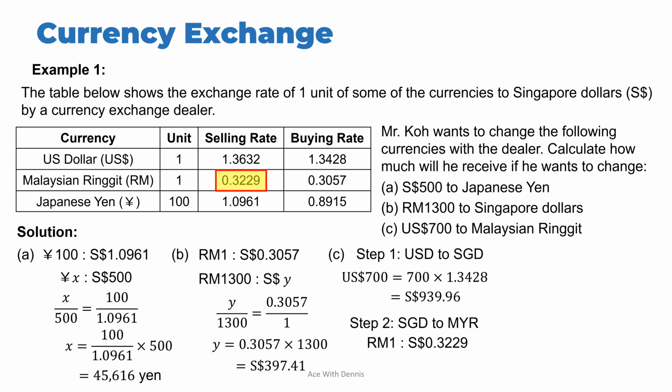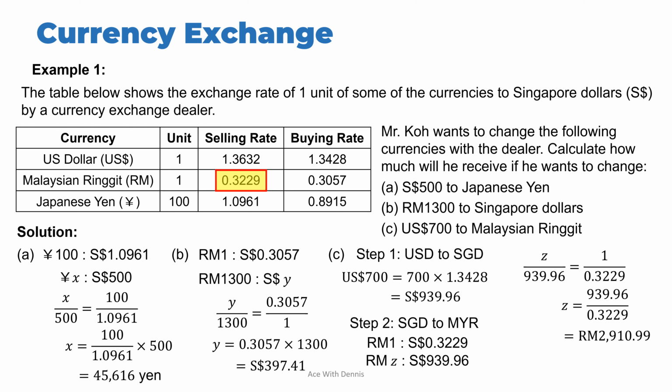So the rate is 1 ringgit is to 0.3229 Singapore dollars. So Z ringgit is 939.96 Singapore dollars. From the equation, Z will be 939.96 divided by 0.3229, which is 2,910.99 Malaysian ringgit.